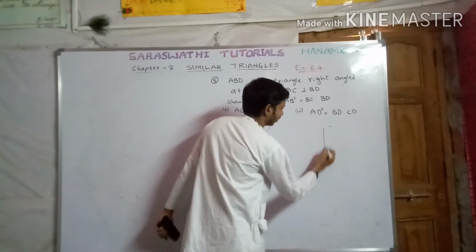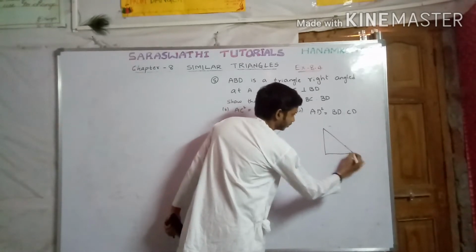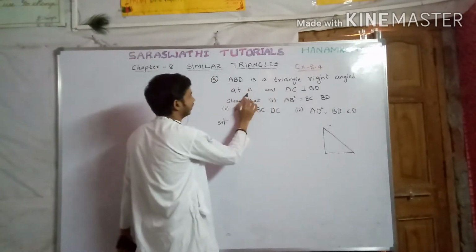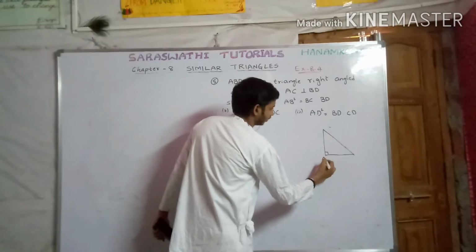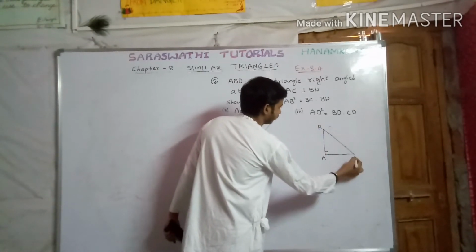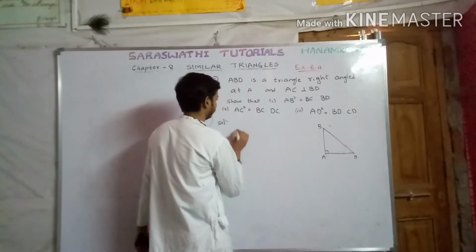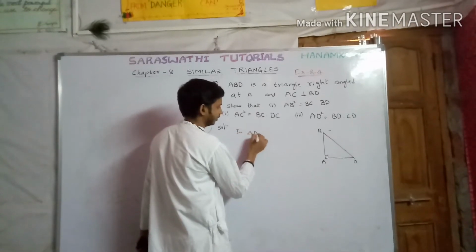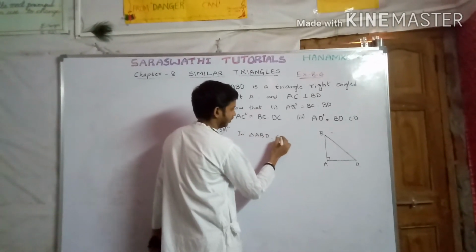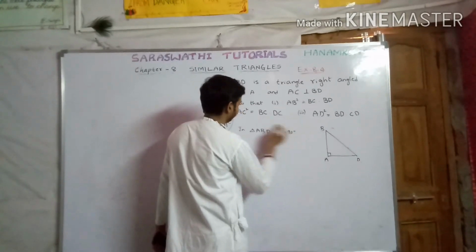Okay, so draw a right angle first here. ABD is right angled at A. That means here we have to put A, B, D. So triangle ABD, angle A equal to 90 degrees, given.